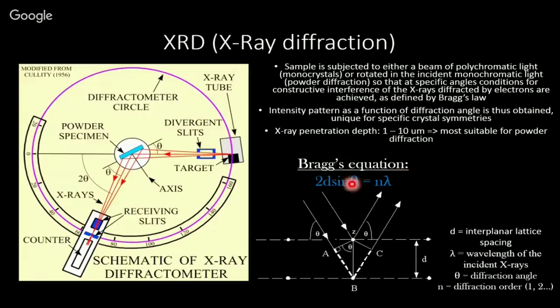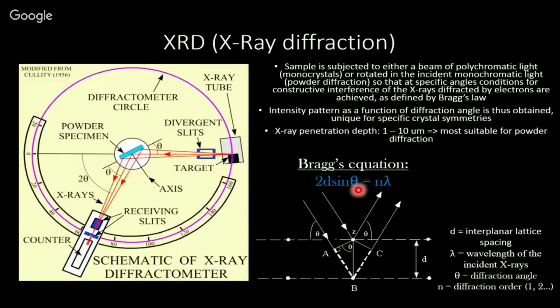When this is satisfied, you get a constructive interference of light diffracted from all the planes, one on top of the other. And so when you get that effect, you actually get a huge amplification of the signal. And that, as you see from this equation, happens only at a specific angle, theta.